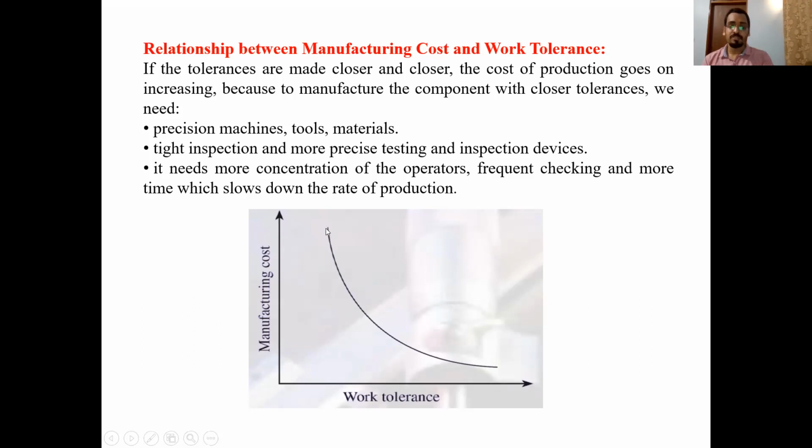This work tolerance is very accurate, so it consumes more cost, and the work tolerance at this point is very loose, so the cost is very low. So this is the relationship between the manufacturing cost and work tolerance.